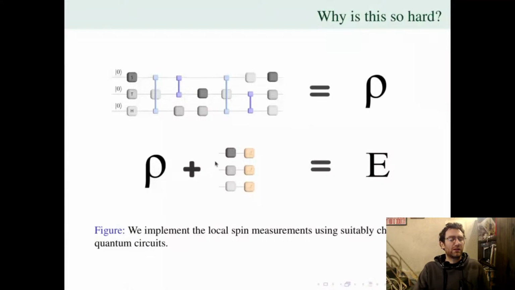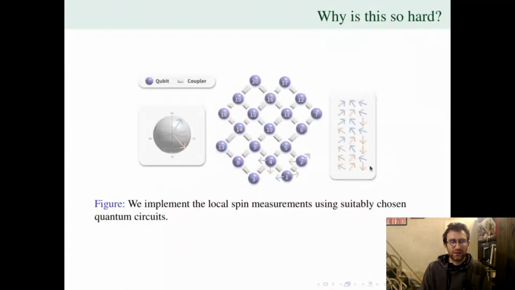To simulate local measurements, you can use local spin rotations, just unitary operators applied to the spins, which simulate a measurement in a concrete direction, and then you measure in the computational basis. And out of this, you can compute the correlation terms that appear in the inequality.